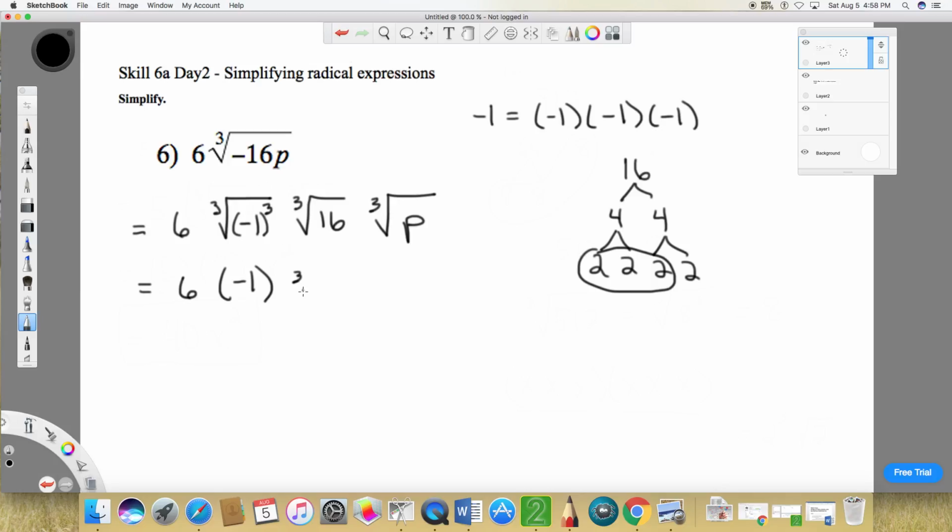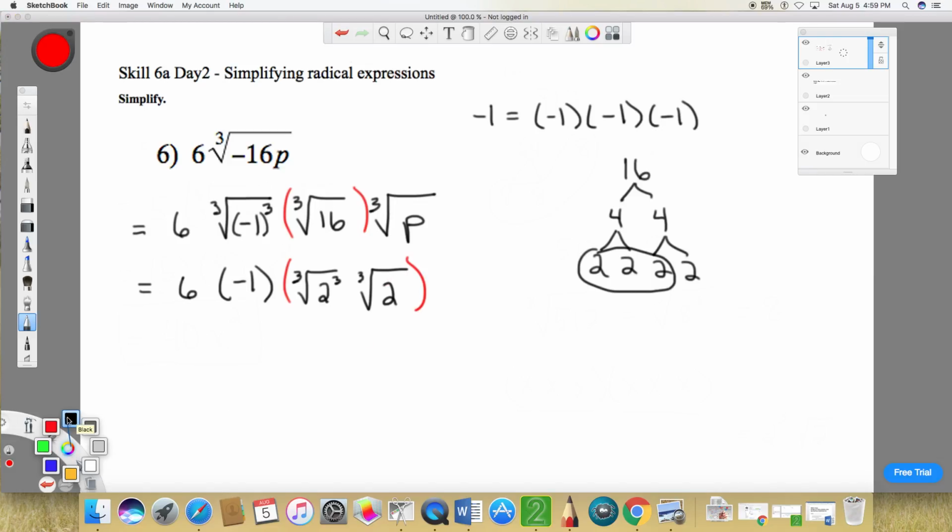So I can break this apart and say the cube root of 16 is the cube root of 2 to the third power times the cube root of just a single 2 right there.